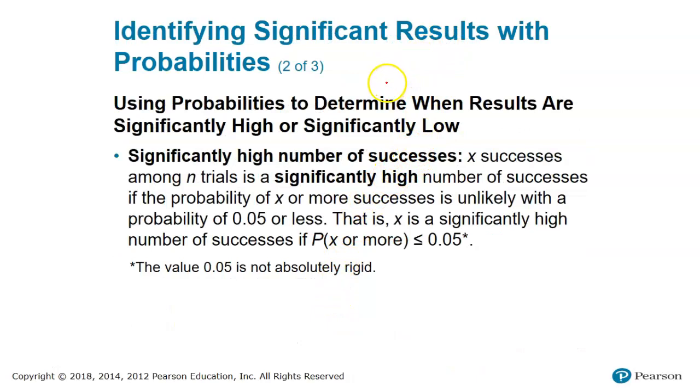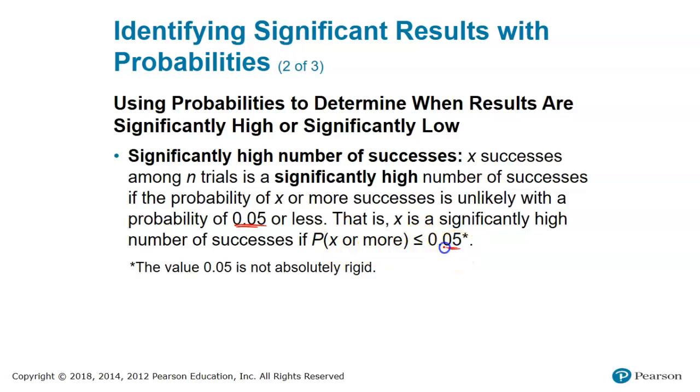Okay, as far as how we use all this, using probabilities to determine when results are significantly high or significantly low, we use 0.05 as the cutoff. So X is considered to be a significantly high number of successes if the probability of getting X or more is less than or equal to 0.05.